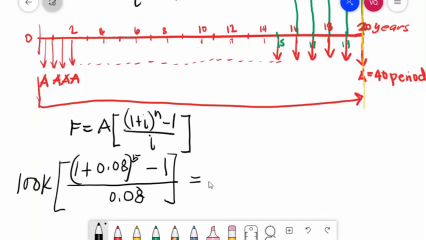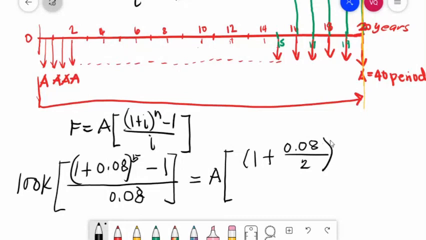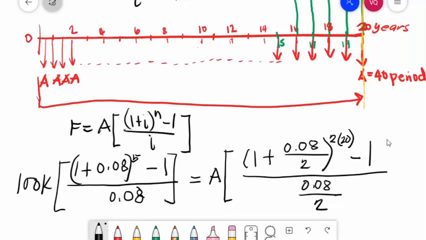equal to our unknown annuity multiplied by 1 plus 0.08. This is semi-annual, so divided by 2, raised to 2 times 20 years, minus 1, all over 0.08 over 2.